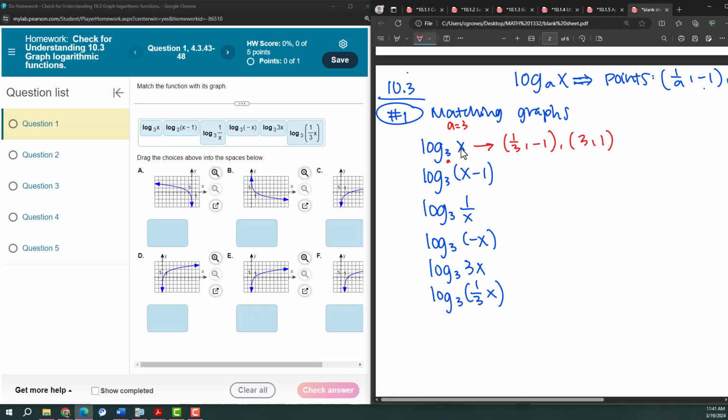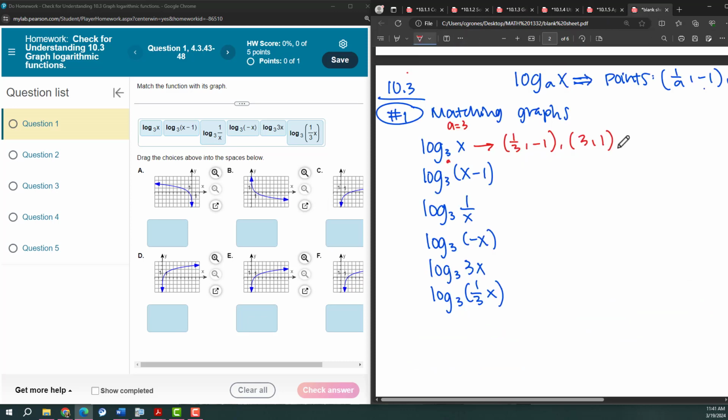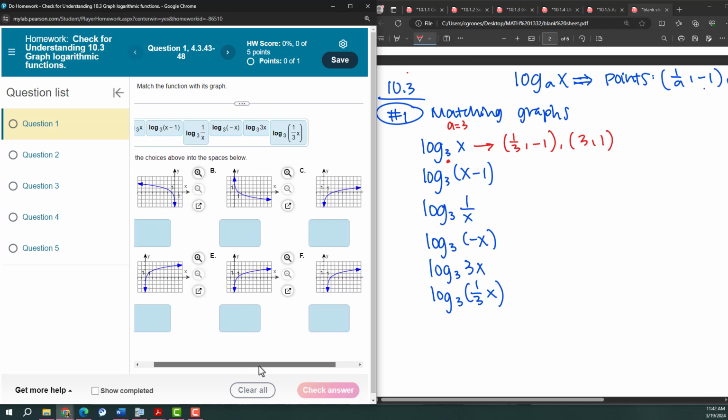So let's look at our points. We're not going to have any kind of reflection because we don't have a negative in our function. So it's going to follow the same characteristic of this red line right here, where it's coming from the bottom and then going up to the right. We want to look that it has these points. So it's not going to be A, it's not going to be B. Let's look at D. I think D might be too far up.